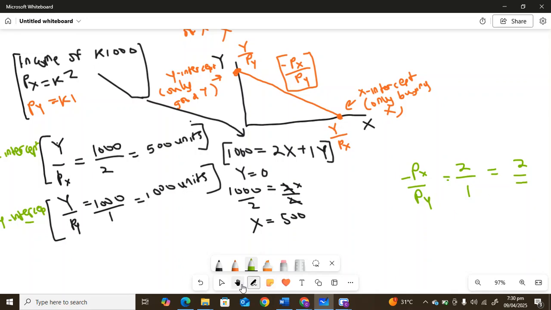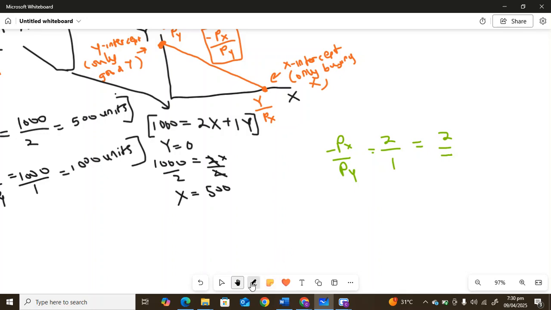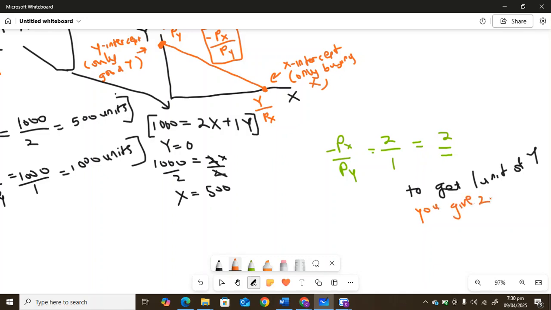What this 2 represents is telling us that to get 1 unit of good Y, you need to give up 2 units of good X. The way you can think of it, the numerator represents what you give up.